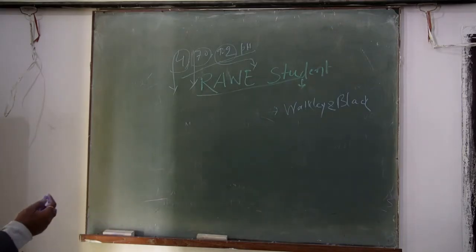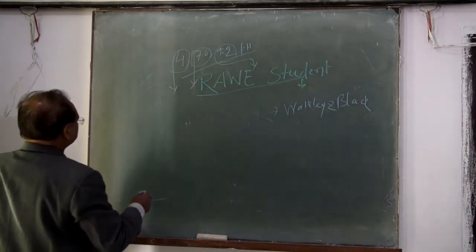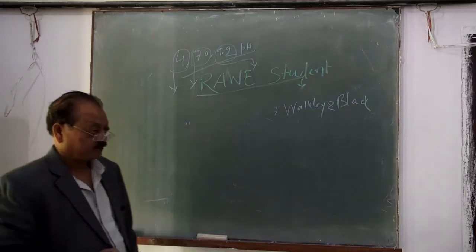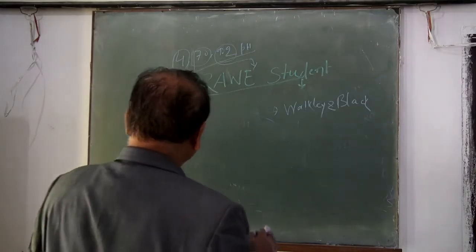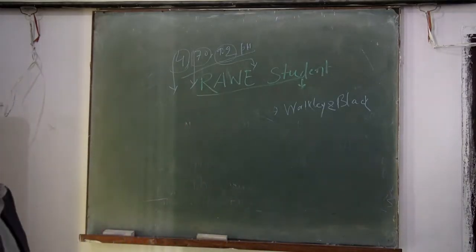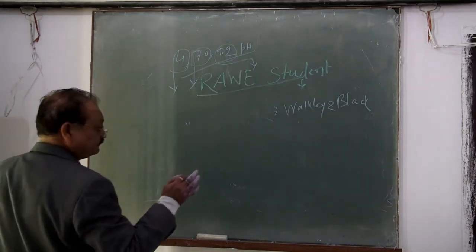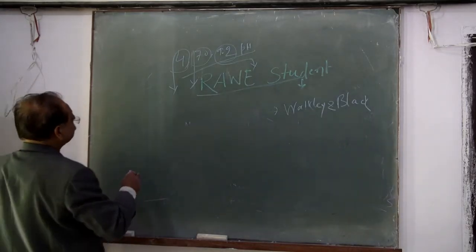Now, one is the fertility chart, or you can say how you can tell that our soil is fertile or non-fertile. There is a chart, some values given by some scientists.